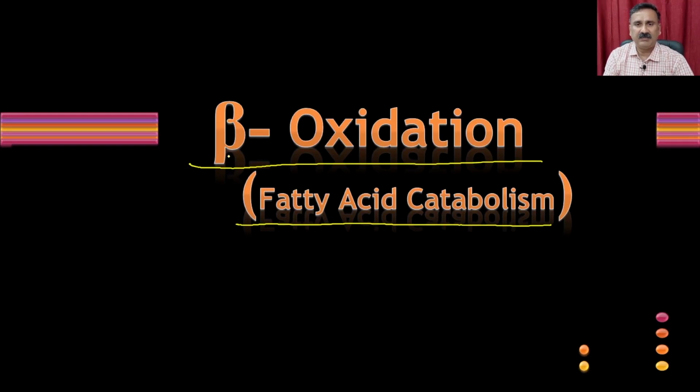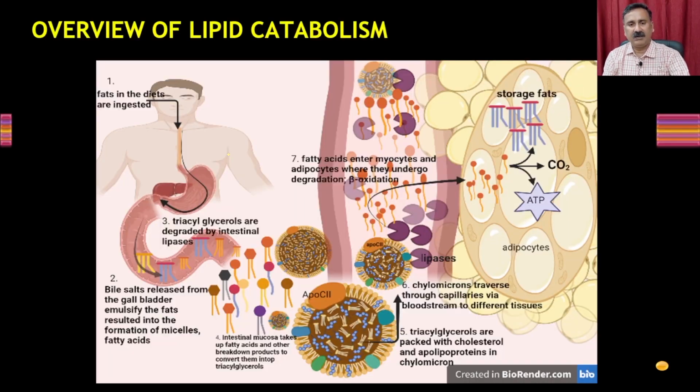If you go back to how lipid catabolism started, it started with the fat in the diet that is ingested. You can have a fat-rich diet like oil, fatty meat, and you can also have fish.